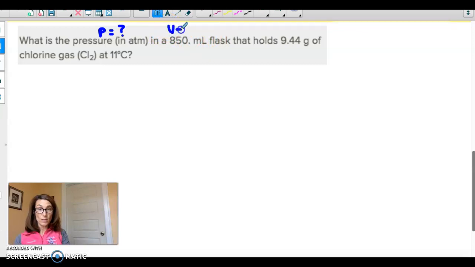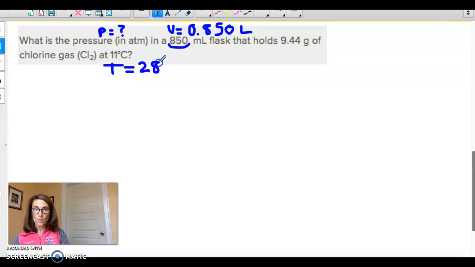So we can go ahead and convert that to liters just by moving the decimal place 3 spots. So 0.850 liters. And then we have our T, which is 11 degrees Celsius. So we can go ahead and add 273 to that. And we get 284 for our Kelvin.